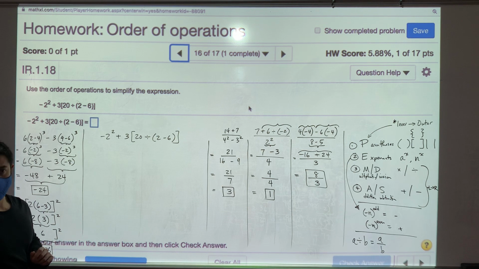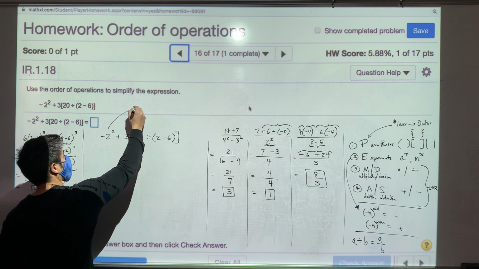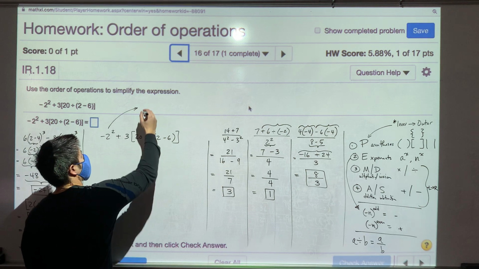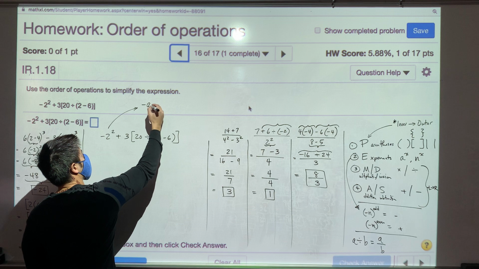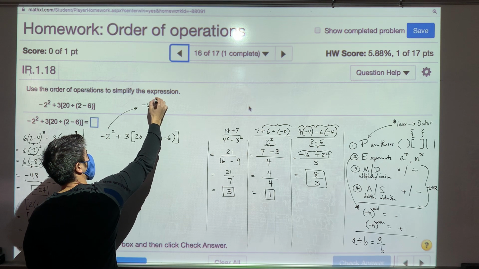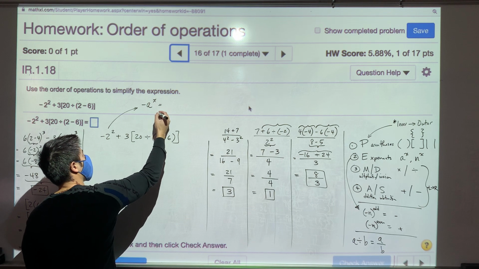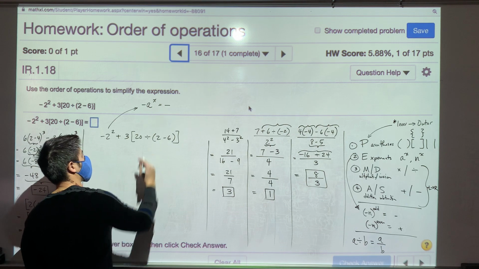I want to make one very important note here, and that ties to this one. If I have a negative number outside of any exponent, no matter what, this is always going to end up being negative.